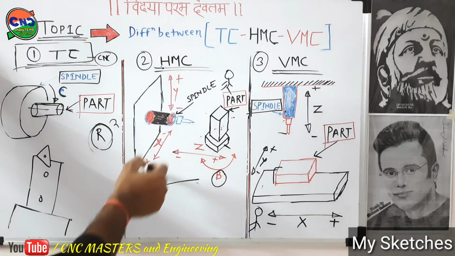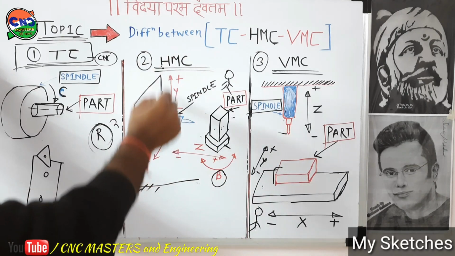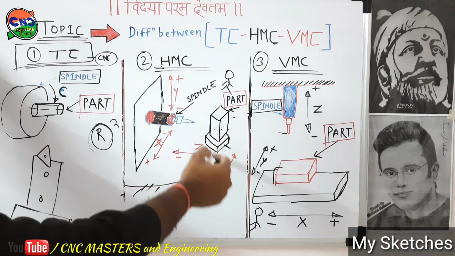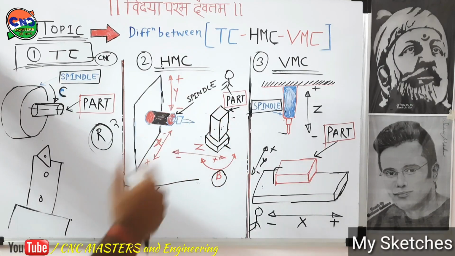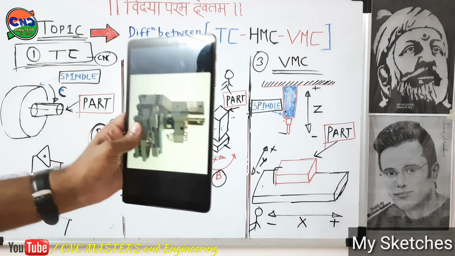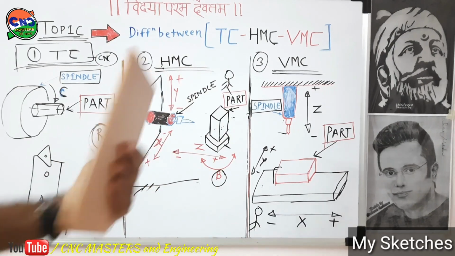Here we have an X axis, Y axis is vertical and Z axis is along, and this B axis is rotating. This pallet is also rotating, maybe I can show you like this. This is a pallet and it is rotating, like this.